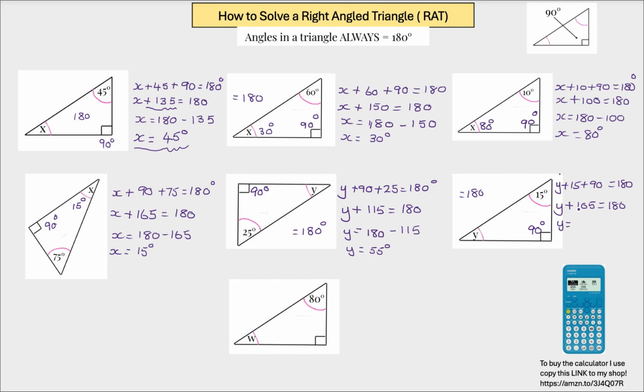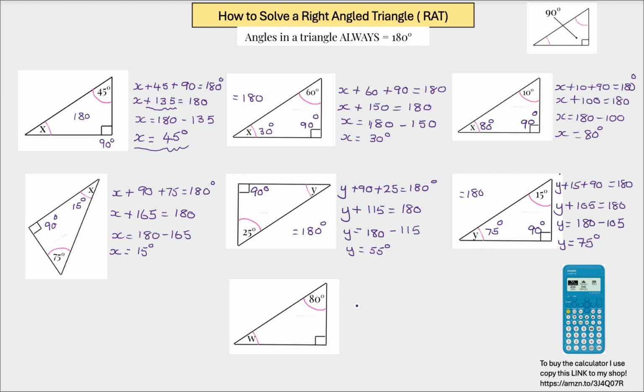Y equals, take that over, so that's a plus, so it becomes negative. So it's going to be 180 because this hasn't moved, this is still stuck to the equal sign, minus 105. Y equals 75 degrees. So that is 75 degrees. Brilliant. Nice and simple.